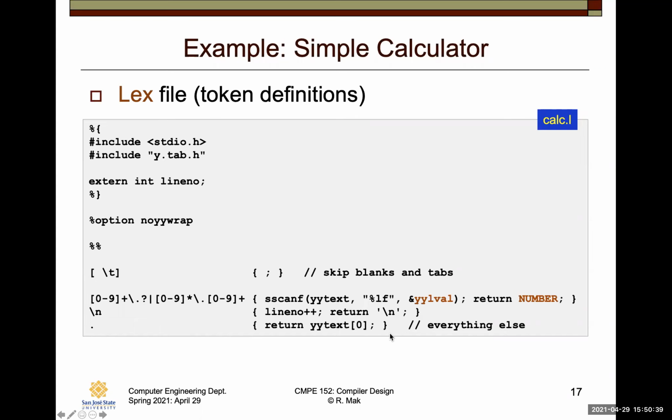And yytext is another reserved identifier, and it will contain the string that the scanner saw, and so we're just going to return the first character.